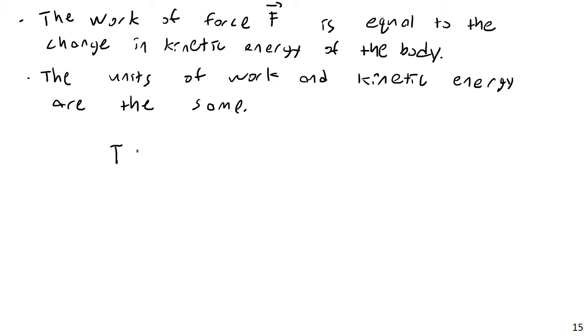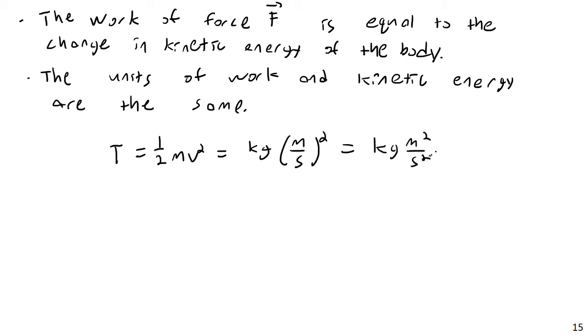So T, kinetic energy, 1/2 mv squared, which is equal to the units of kilograms, if we're using metric units, kilograms times meter per second quantity squared, or kilogram meter squared per second squared, or if I were to pull out one of these meters, kilogram meter per second squared, just rearrange this a bit, times meters.